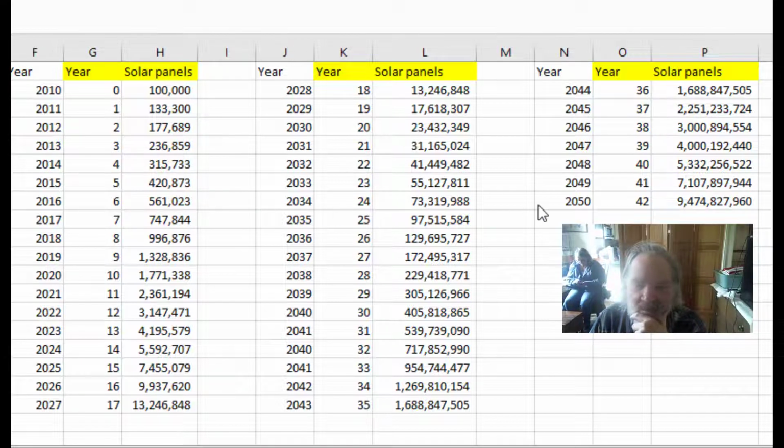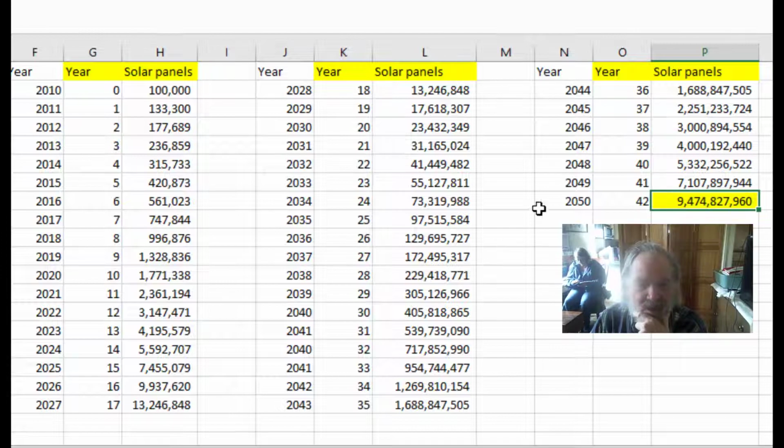You can see that by 2050 there are more solar panels than there are people on the earth by a long shot, and that's in 42 years from 2010. That's utterly absurd and impossible.